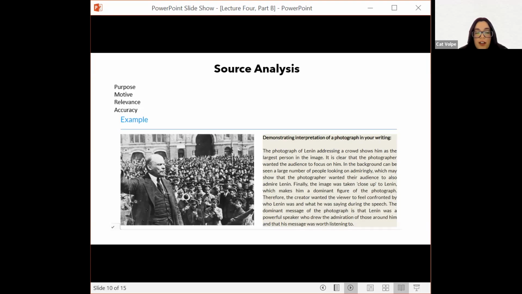This example here is for more upper secondary history students, but just to show you what is involved in source analysis, just an example. So think about using a certain photograph. Photographs are often used as a historical source. We're looking at the photograph here of Lenin, a Russian politician. So for example, what sort of things might we be doing when we're looking at a photograph?